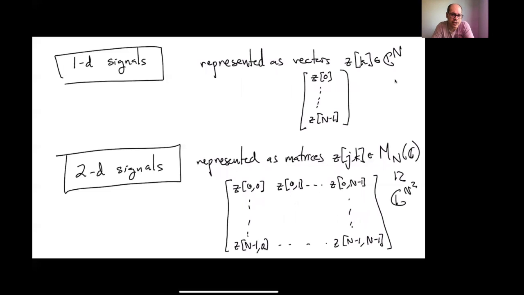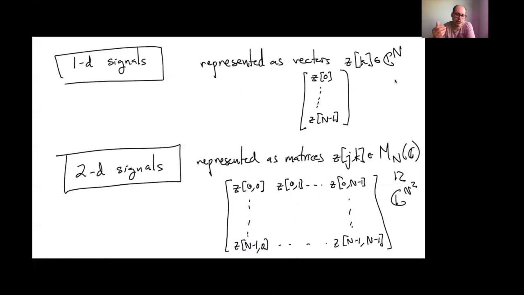Now, one-dimensional signals we typically represent as vectors. So we imagine them as typically column vectors, just a list of the signal at different time values. Two-dimensional signals are often represented as matrices.